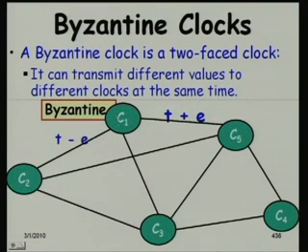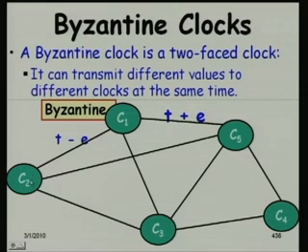Here C1 is a Byzantine clock and it is transmitting t plus e to C5 and t minus e to C2. Let us say t is the time at C5. If e was large, then C5 would have eliminated that, but it is an acceptable time value within the bound.